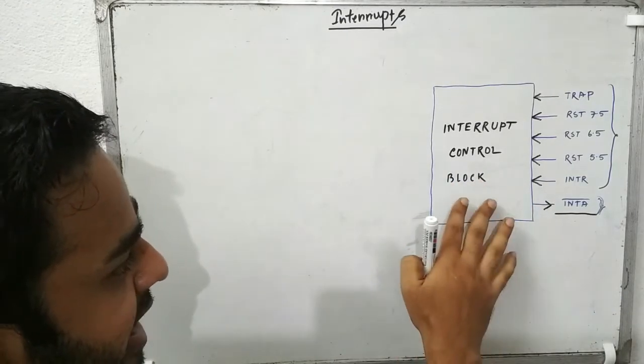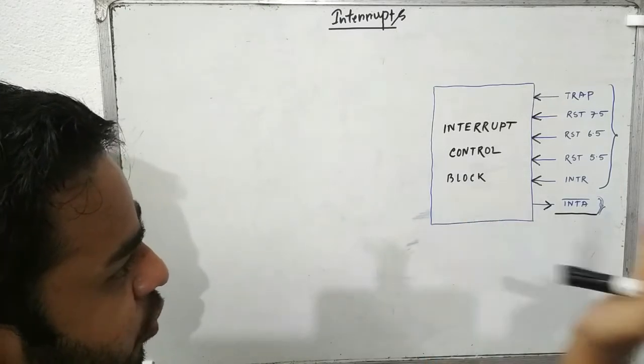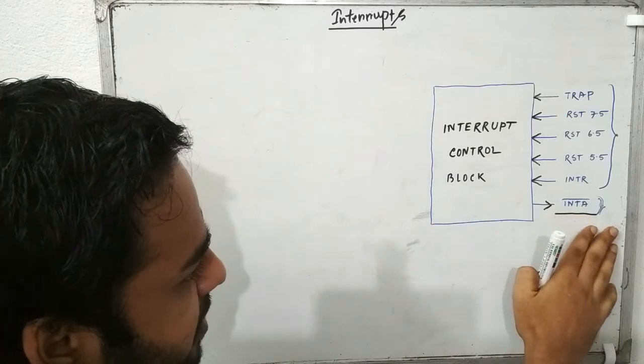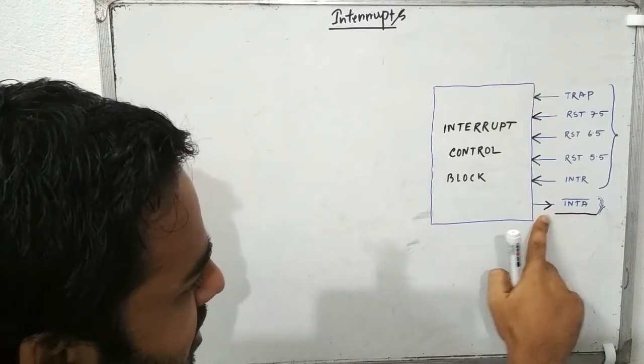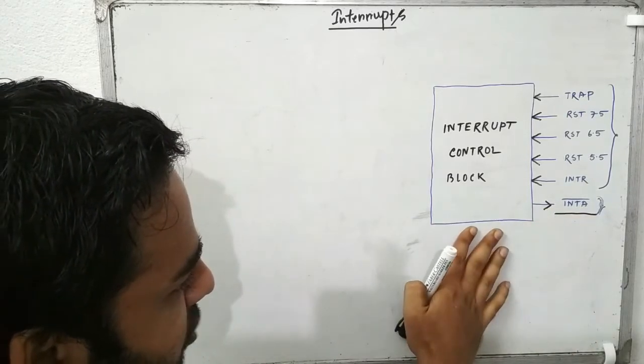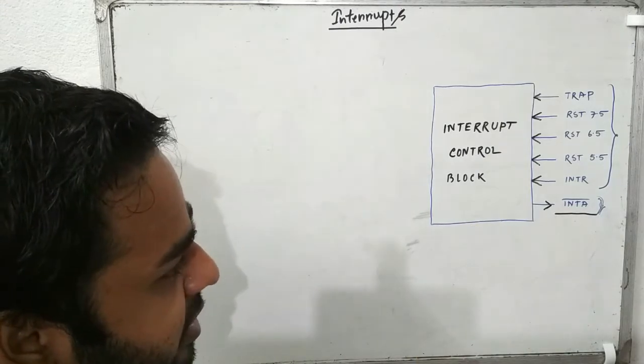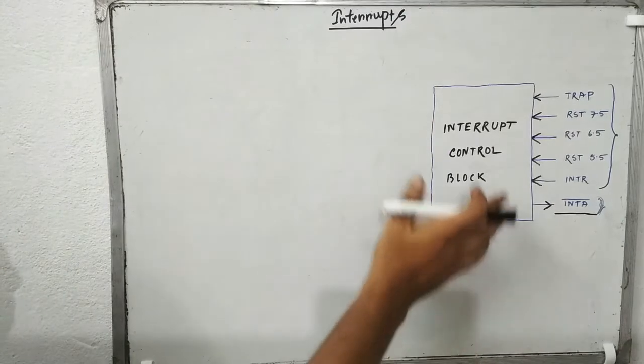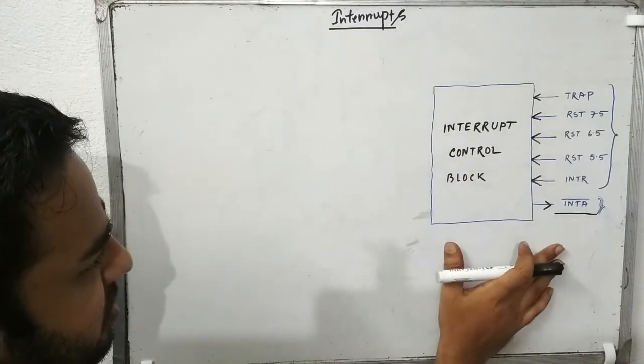This message is sent to the external device through the interrupt acknowledgement pin. You can see the direction: from the microprocessor to the outside device. So that was the basic description of this block.